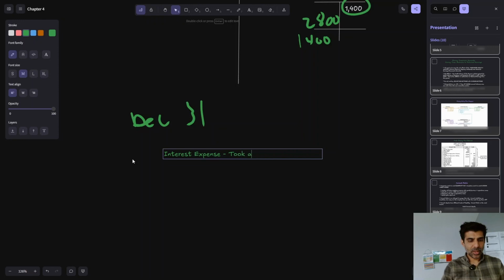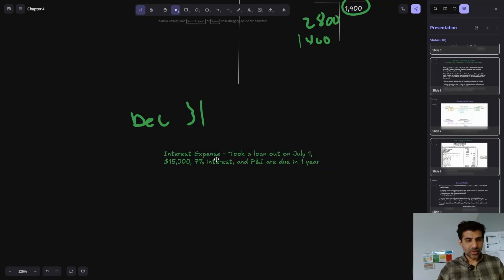So you took a loan out on, I don't know, let's say July 1st. It is for $15,000, 7% interest, and principal and interest are due in 1 year.